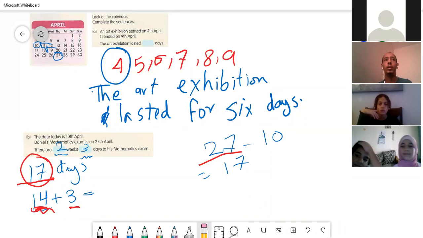How many days are left to the 17 after the 2 weeks? 3. So 14 means 2 weeks plus 3 days equals 17.